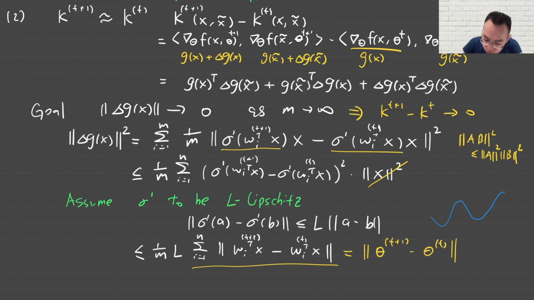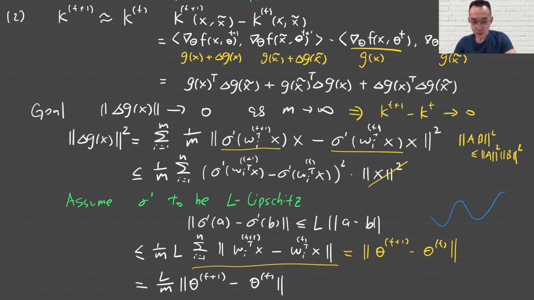Okay, so let me just write it down, and we'll have this, right? Theta at step t plus 1 minus theta at step t. Okay, now we're getting very close, right? So the last thing we need to show is that actually this theta here has the order of 1, right? So this is O(1).